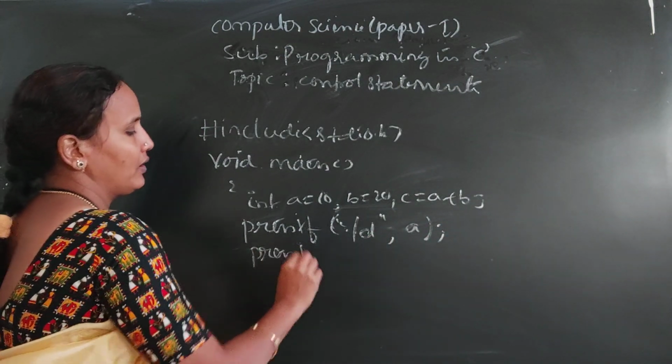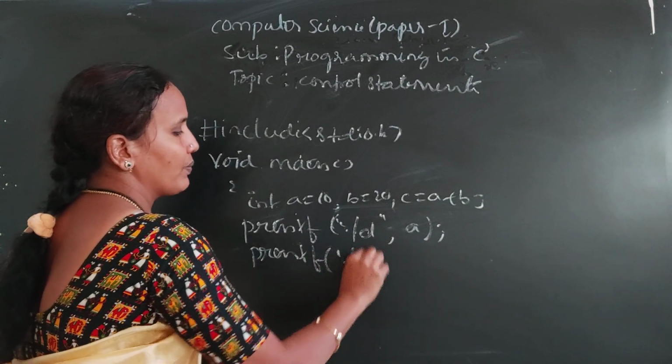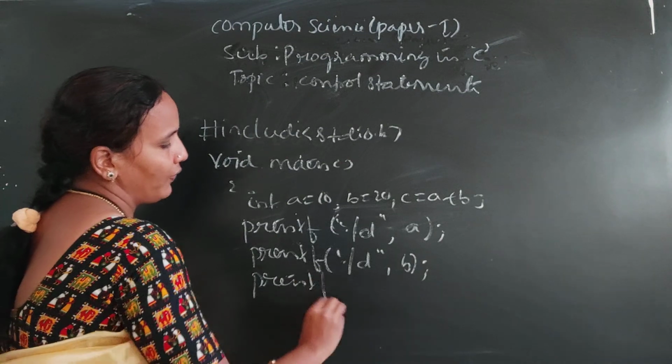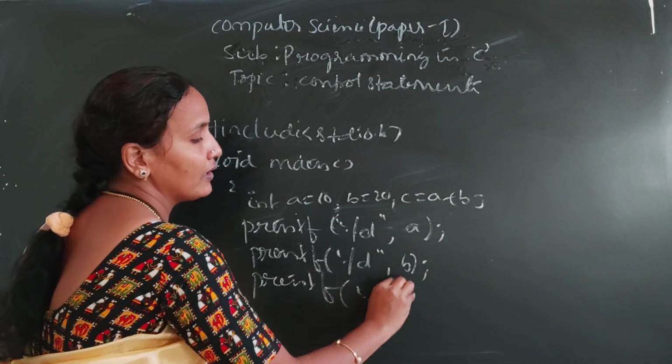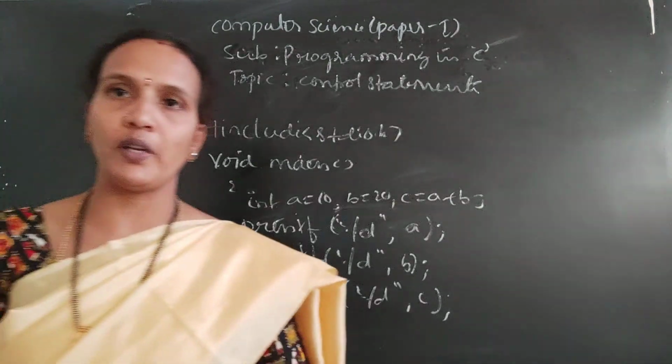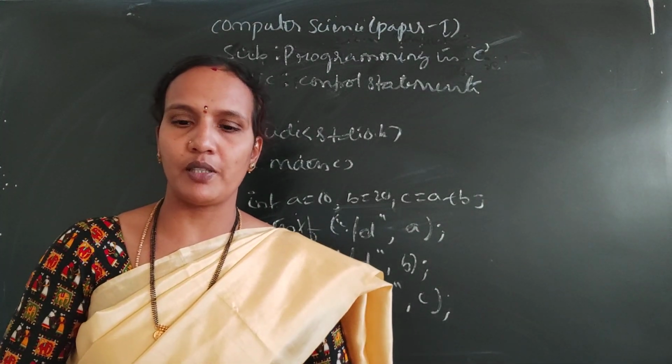Next I am printing the b value with %d. Next printf %d, the c value. This is a simple program to print all the variables.